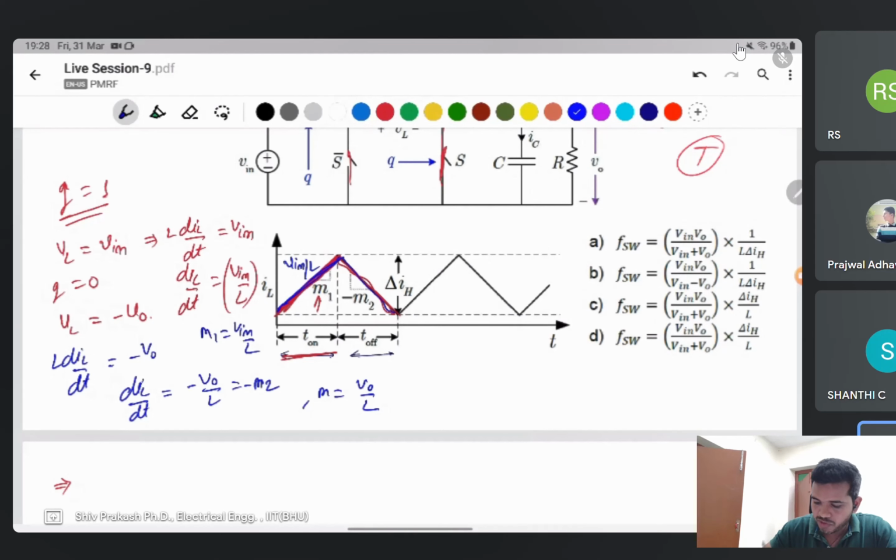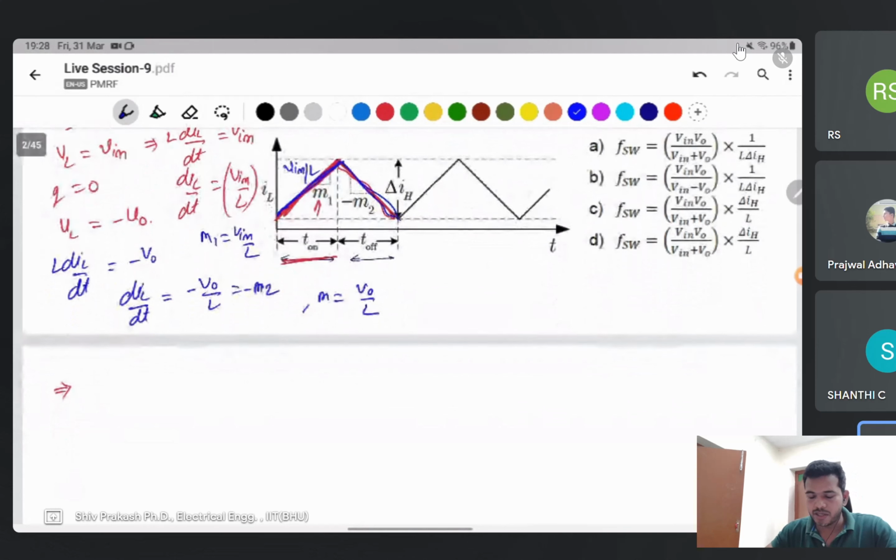In this interval the switch is on, in this one the switch is off. The average voltage of the inductor is 0. This is the volt-second balance equation. And what is the slope? If the slope is given, the voltage is M1 into L. Same thing, I have written directly as V in voltage.